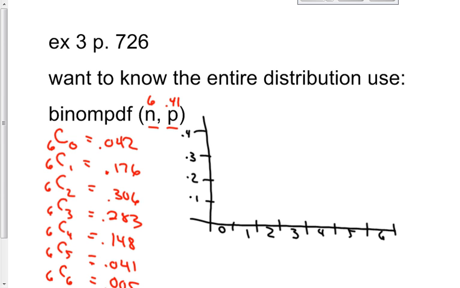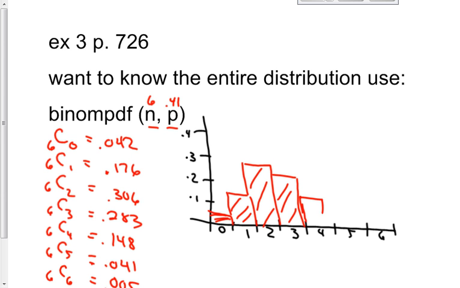I need 0.04, so it's someplace in that range. 0.176 for 1 household. 176 might be about right there. 0.306, just a little bit above the 3. 0.283. 0.148. 5 households is 0.041. And 6 households, 0.005. Hardly even off the graph.